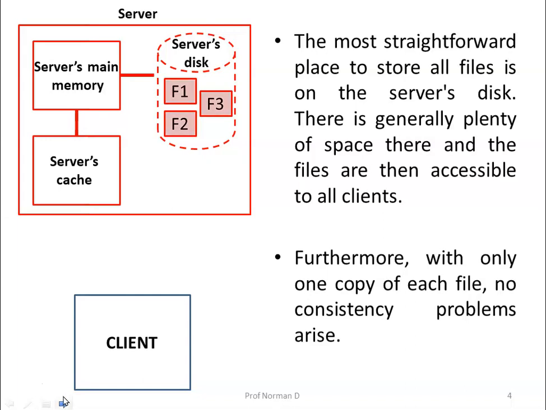The most straightforward place to store all the files is on the server's disk. There is generally plenty of space there, and the files are then accessible to all the clients. Furthermore, with only one copy of each file, no consistency problem arises in this case.